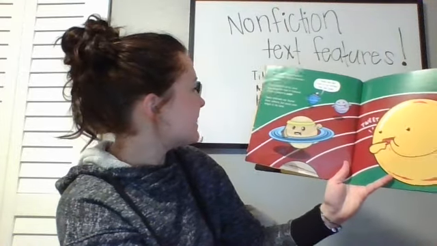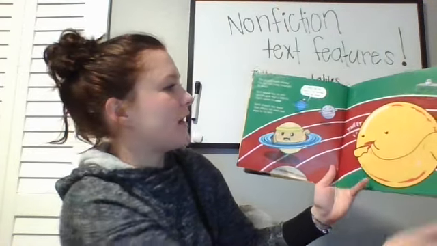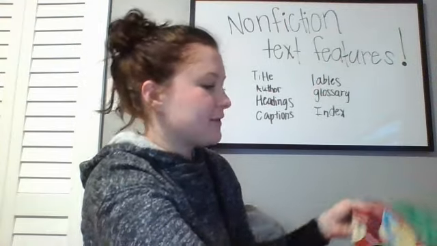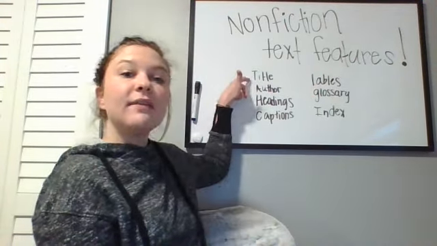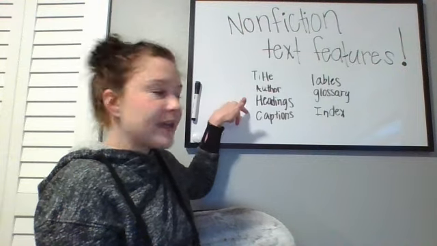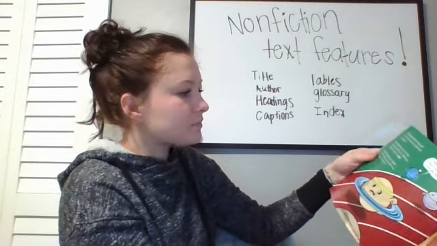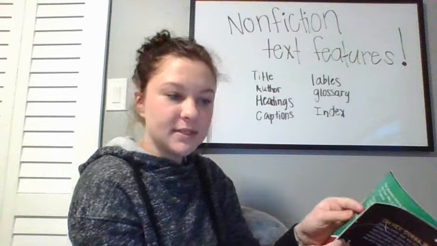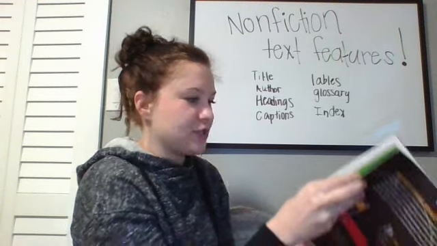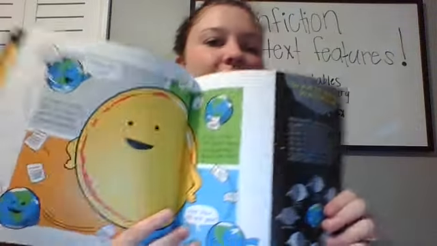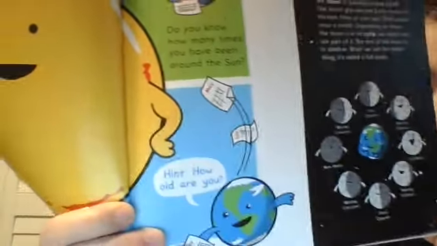Now, another thing that I want to show towards the end of the story, now that we've learned about the title, the author, the headings, and the captions on the pictures, is labels. And we have labels on all of these pictures. So here's another little diagram.